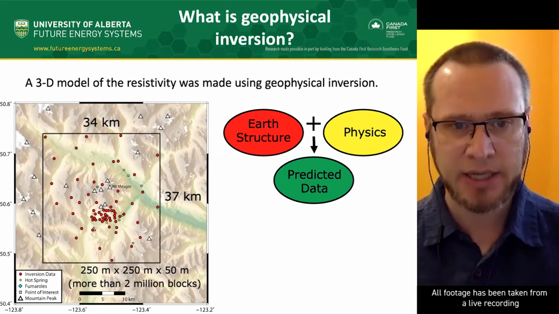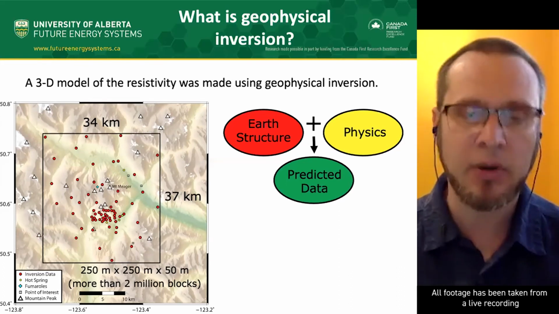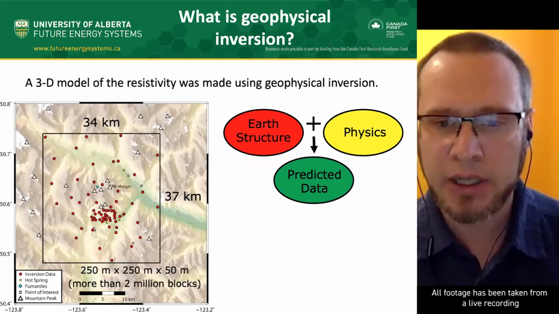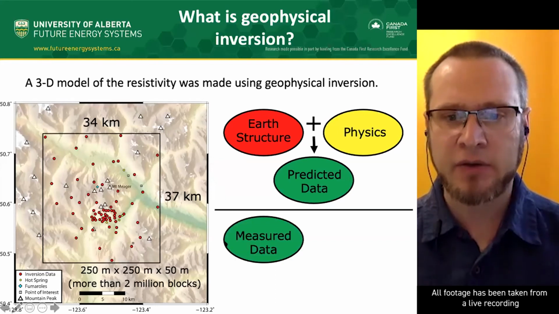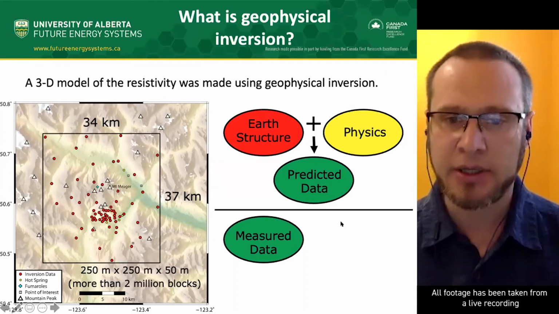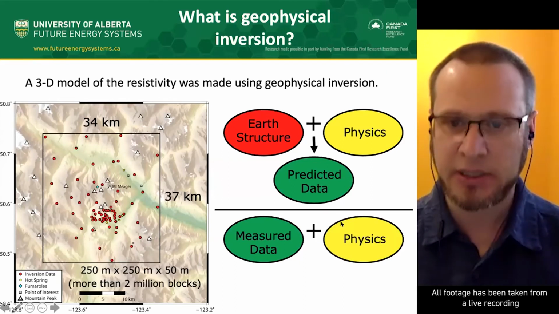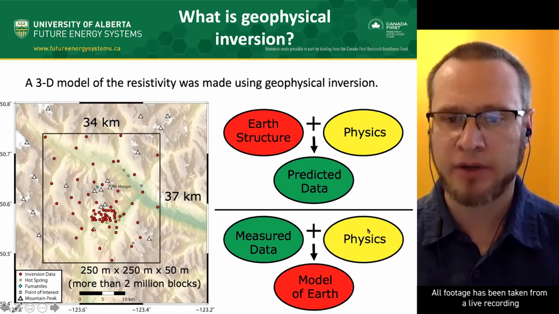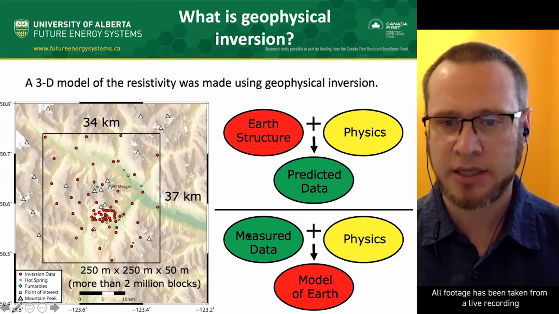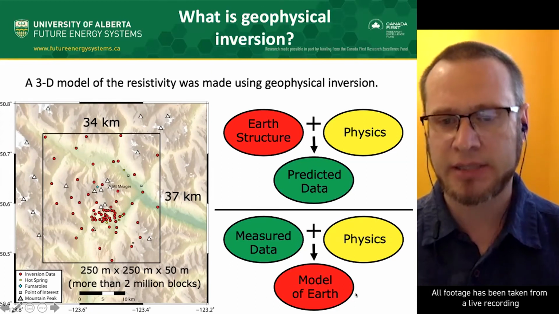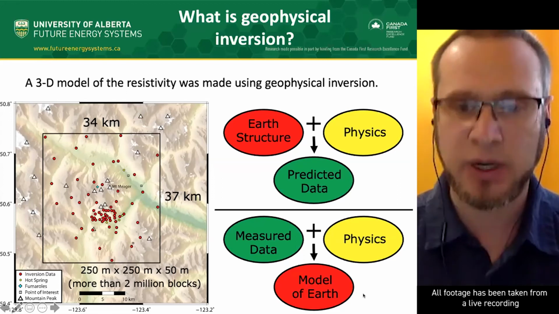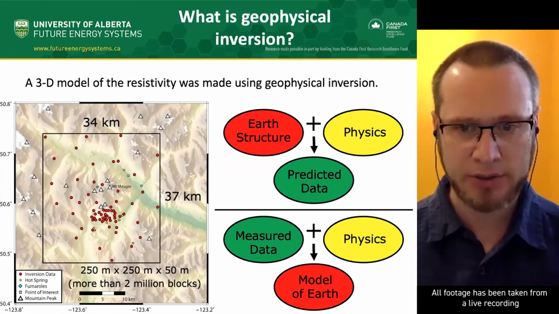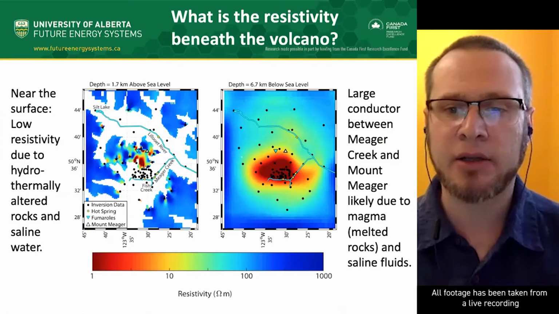I went and measured data at each of these red dots, or most of them. Some data I got from other people. So if you have measured data, you can combine that with physics, and that will give you a model of the Earth. And so this process shown down here is geophysical inversion, and that's what I use to create my models. So let's take a look at my model.